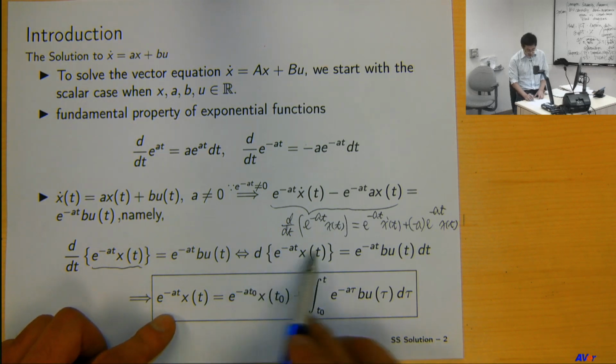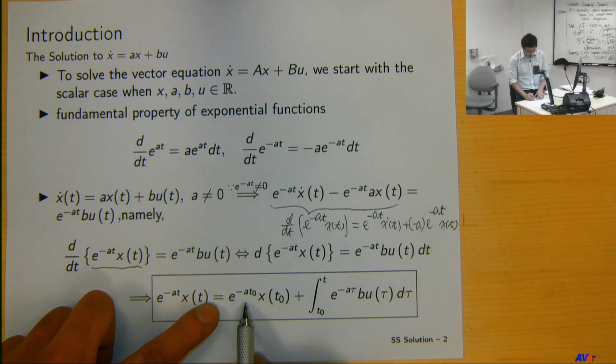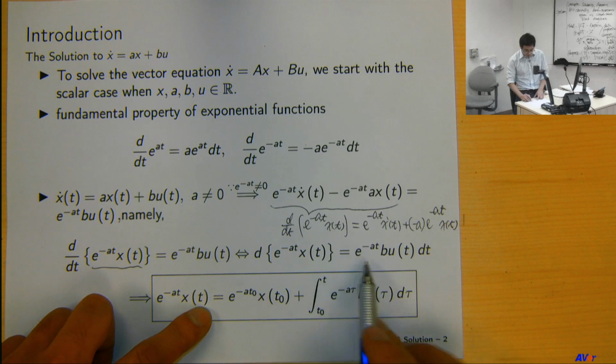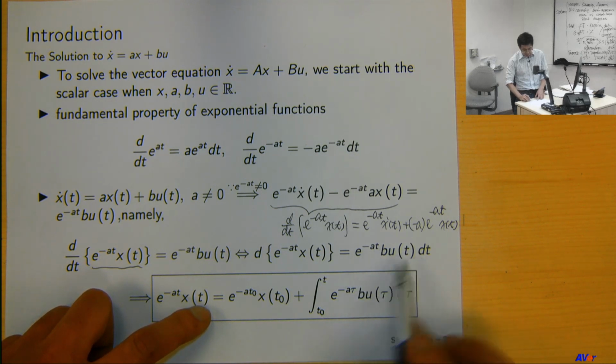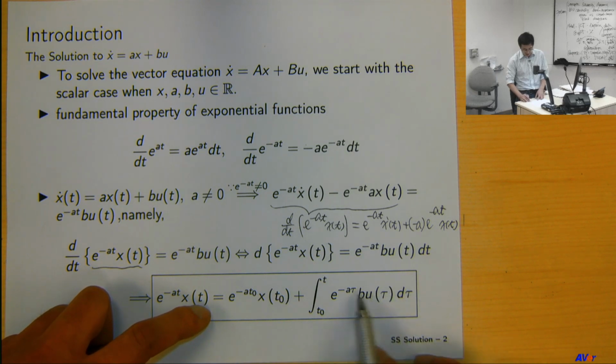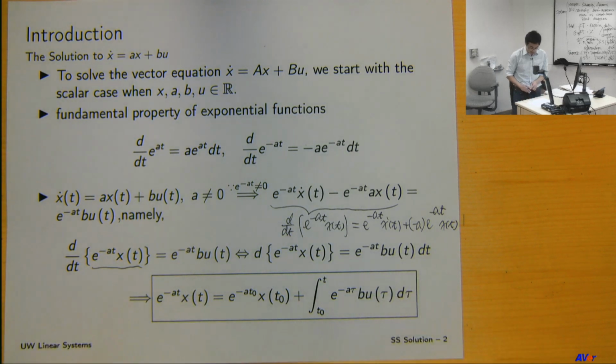Then the integration of this one is e^(-at) x(t) minus the initial time term. It's going to equal the integration of the right-hand side from t0 to t. Let's say the integration variable is tau. So that's how the solution of a first order ordinary differential equation looks like.